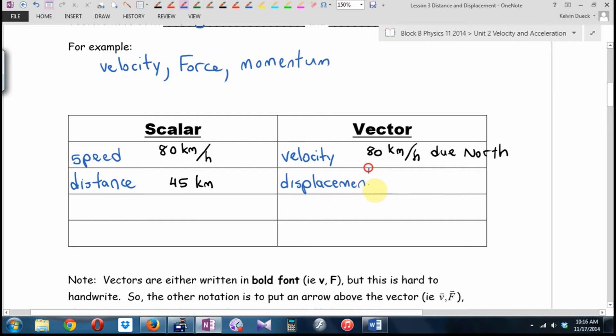Displacement is a vector. How far from Pitt Meadows to Vancouver? 45 kilometers at 12 degrees north of west. By the way, that second phrase, you'll learn how that works towards the end of this year. Don't freak out.